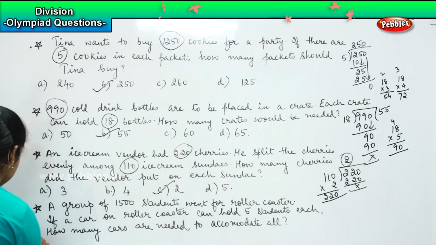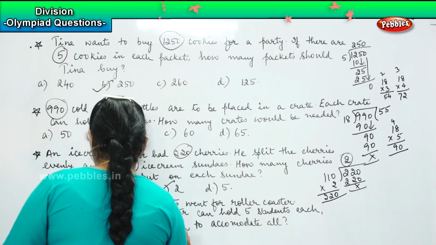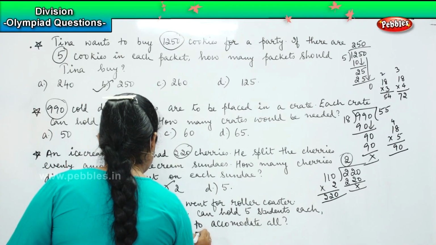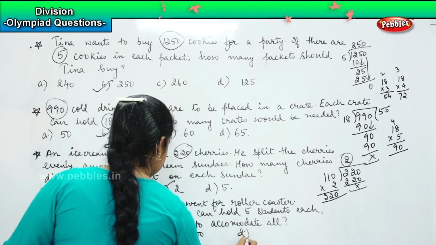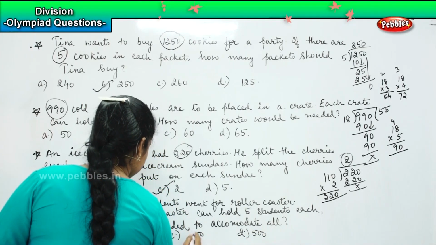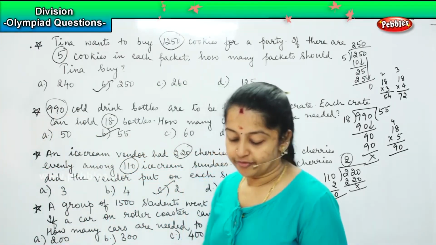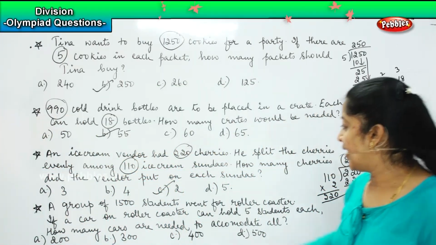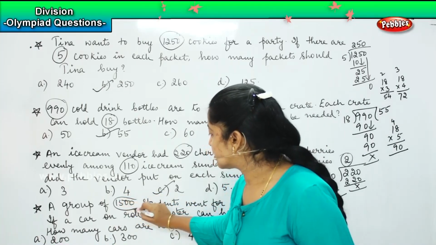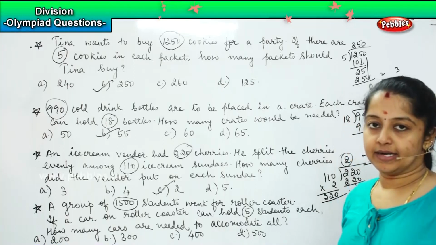And the options are A 200, B 300, C 400 and D 500. Okay, so now 1500 students went for a roller coaster and a car can hold 5 students at a time.